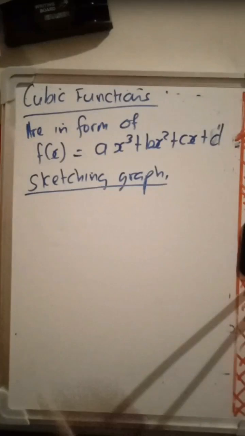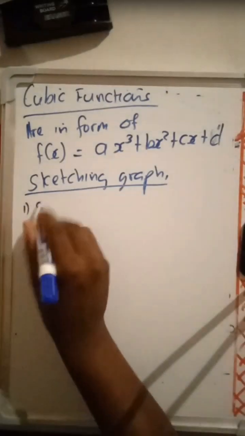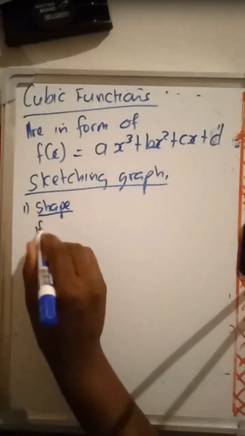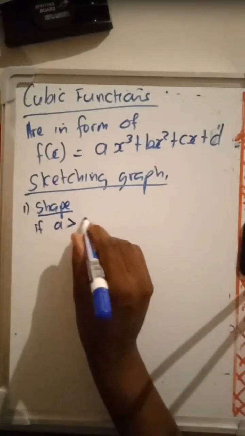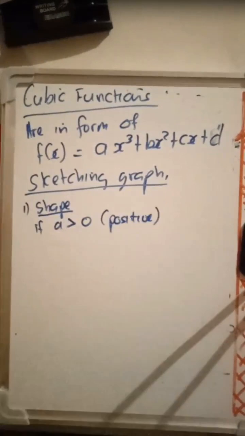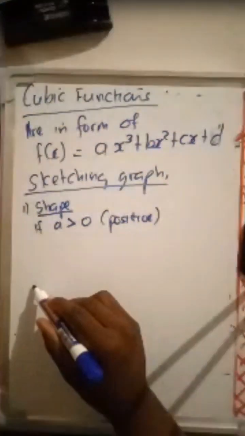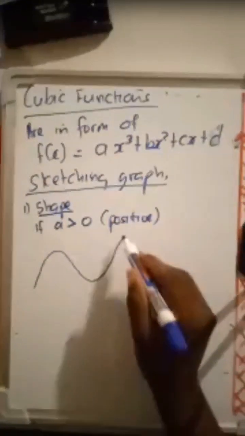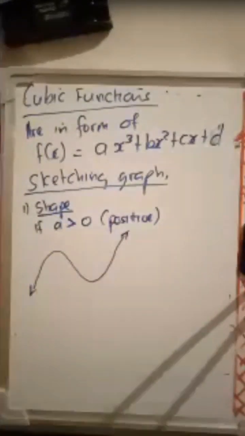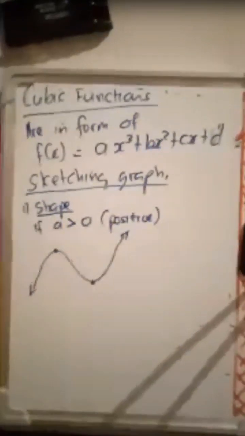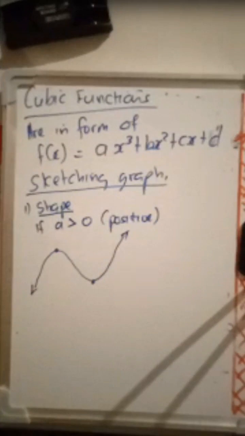Shape number one: if a is greater than 0, meaning it is positive, the graph starts as an increasing function, then becomes a decreasing function, and ends as an increasing function, of which these are considered stationary points, which are turning points.